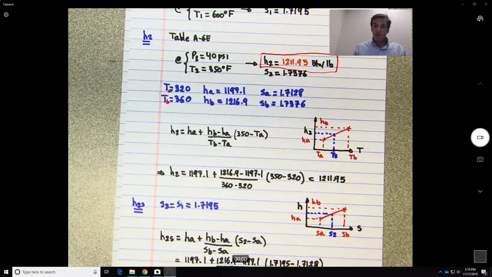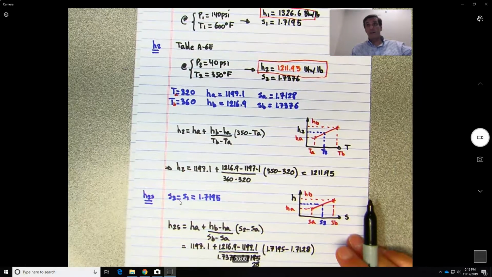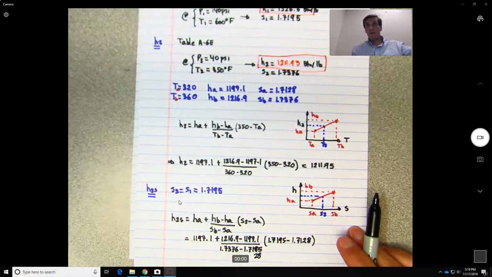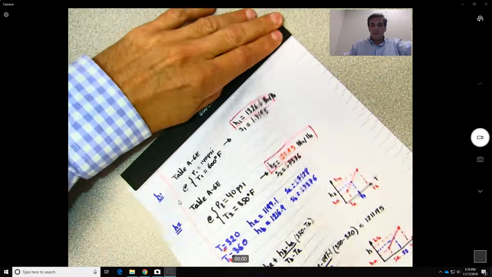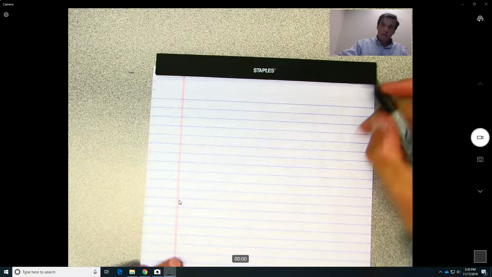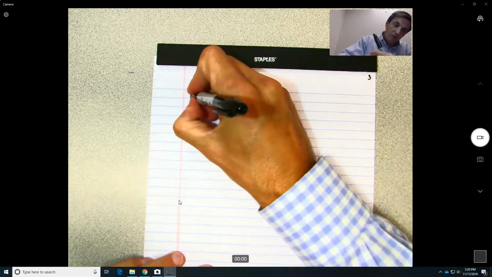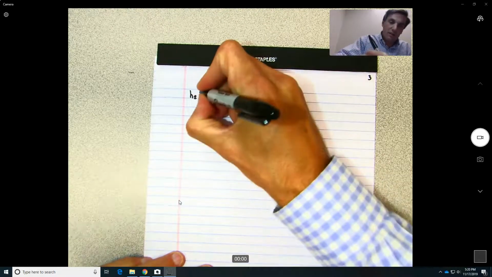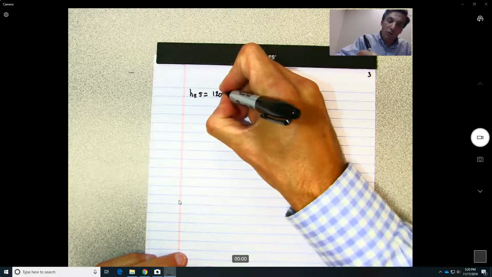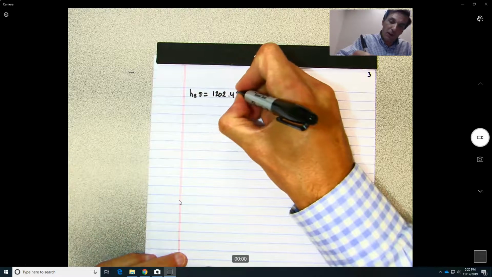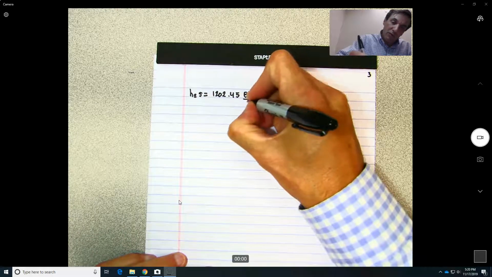But if you do this calculation here, you will find that H2S is equal to 1202.45 BTU per pound.